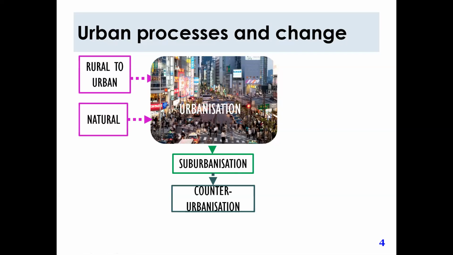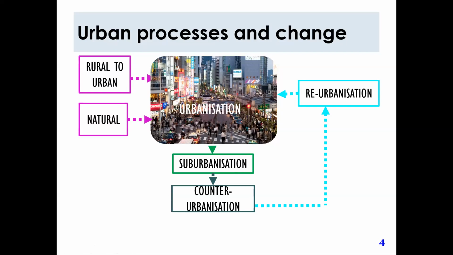So there needs to be a counter-urbanization strategy to pull back people, or to prevent people from moving to the suburban areas. If it's successful, you have the process of re-urbanization, whereby people come back to live or work in the urban core area instead of moving outwards.